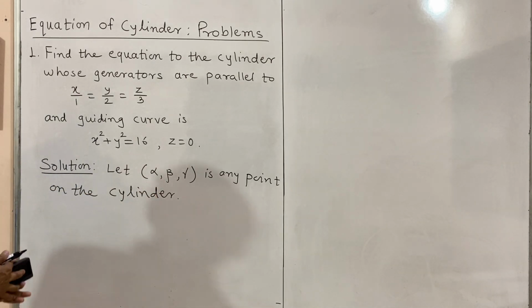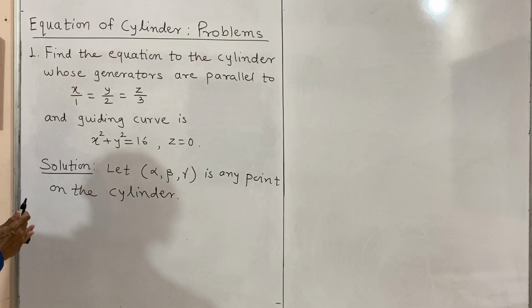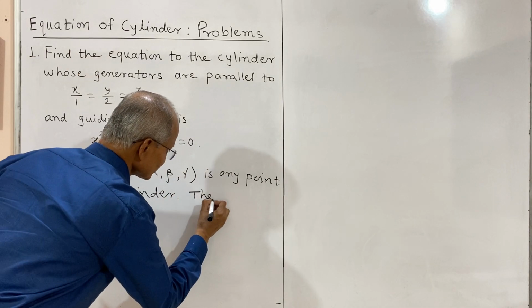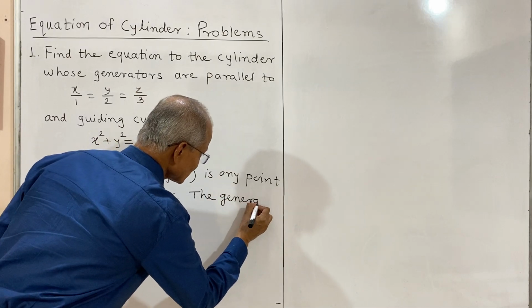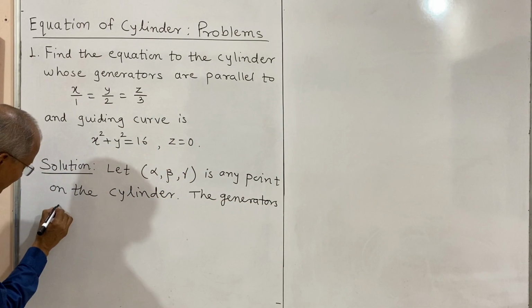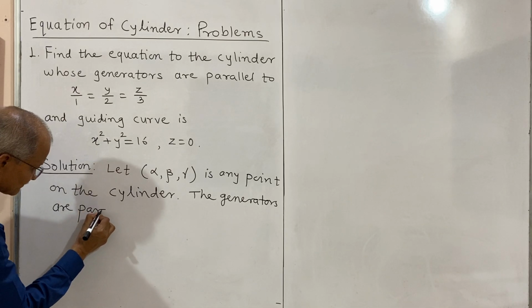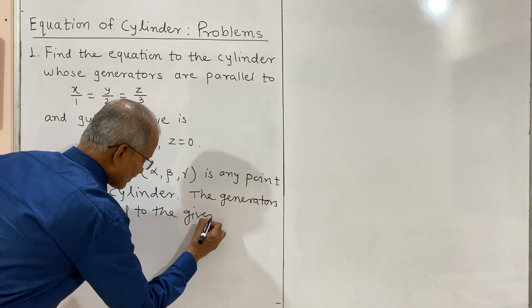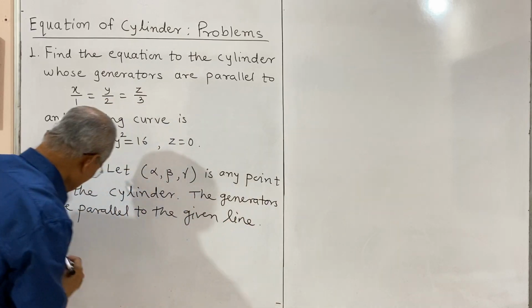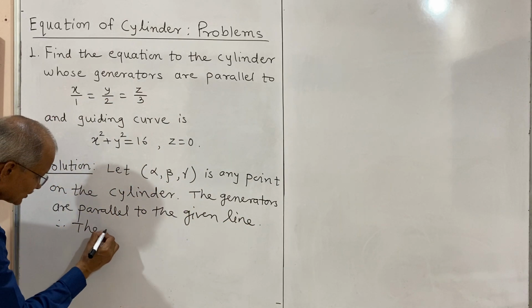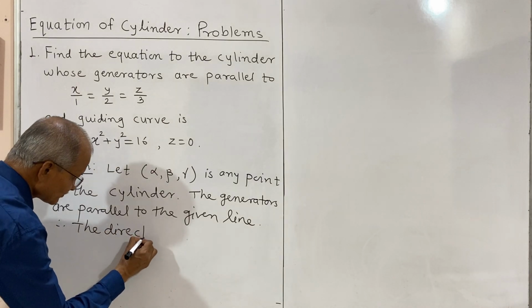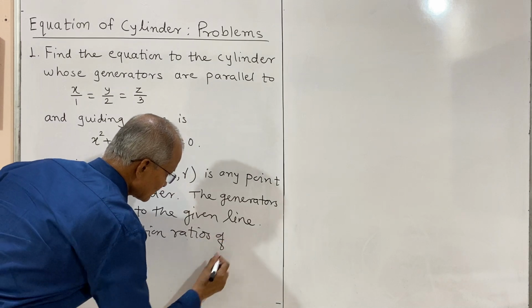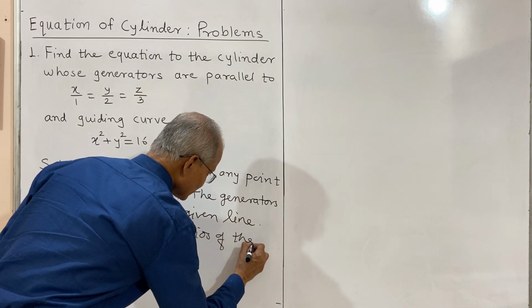Since the generators are parallel to the given line, the direction ratios of the generators are 1, 2, 3.